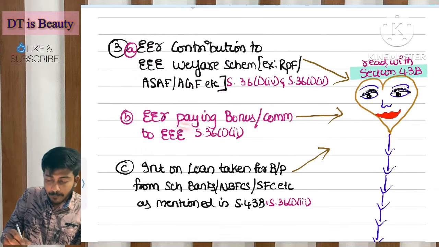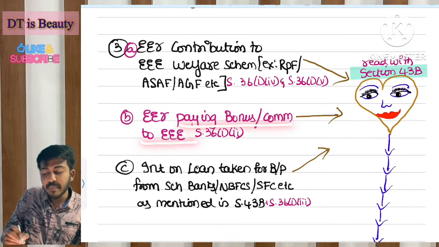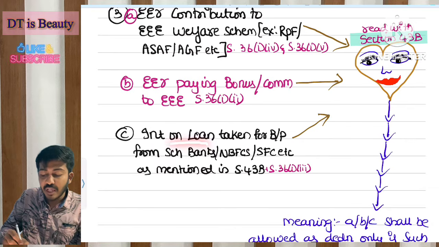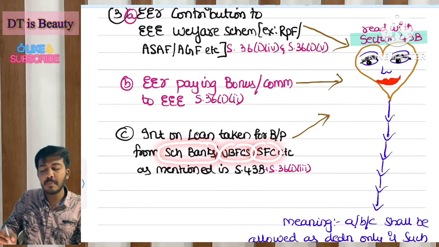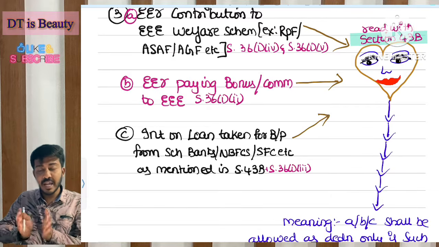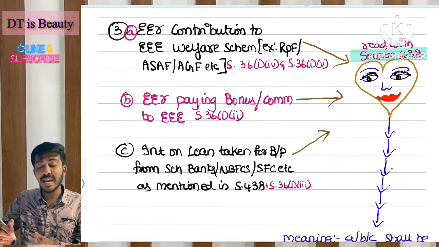She likes employer paying bonus and commission to employees. She also likes interest on loan taken for business purpose. But from where did you take this loan? If you have taken a loan from a scheduled bank, NBFC, state financial corporations, and many other such institutions, section 43B likes it.